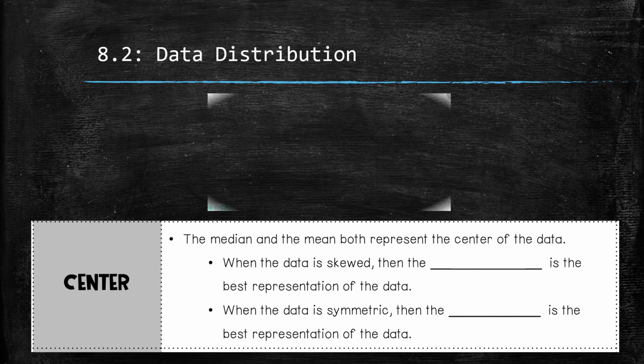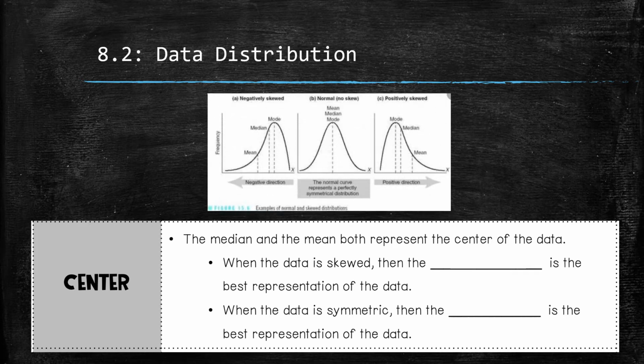The center of our data, when looking at a graph, the median and the mean both represent that center data. When my data is skewed either to the left or to the right, then the median is the best way to represent that data.